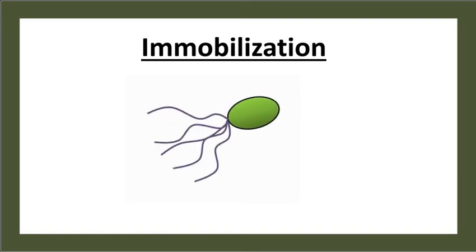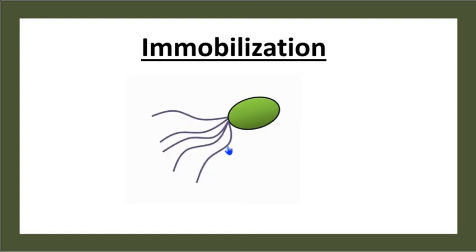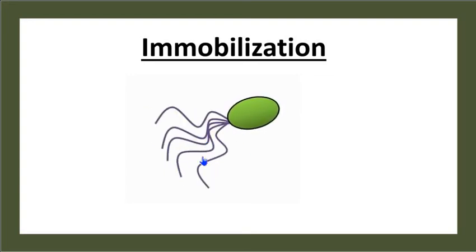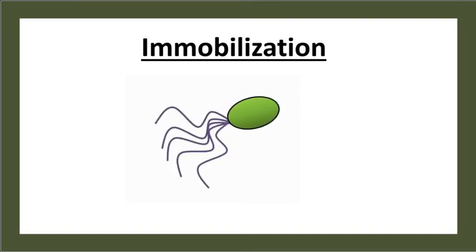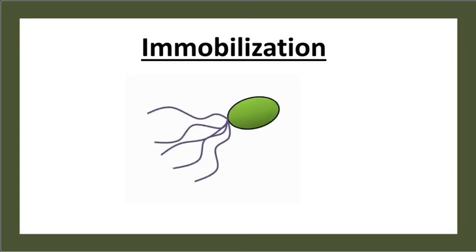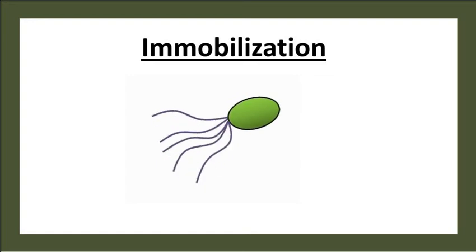In the process of immobilization, the antibodies will attack and cling to or destroy the cilia and flagella that allow these bacteria and protists and little microbes to be able to move. And it just stops them. And they can't go anywhere. They just end up floating through.